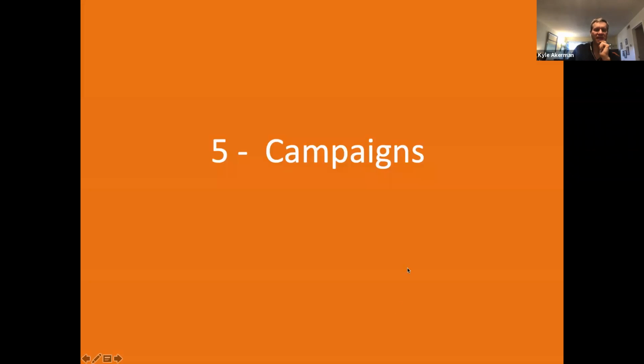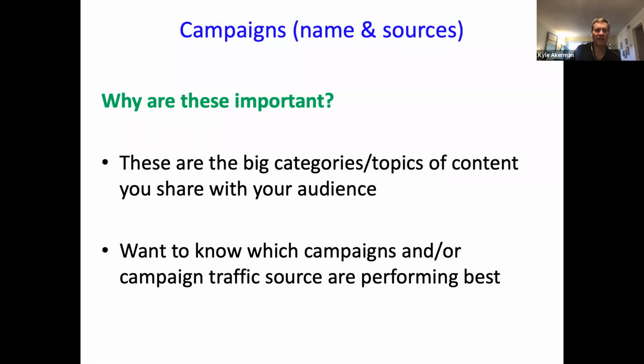The 5th thing that we want to measure is campaigns. There are 2 components to this, the way I look at it. There's the campaign name, like your back to school content or your Mother's Day content, and then there are the campaign sources. This is where you're sharing that content, whether it's email, social media, that kind of thing.